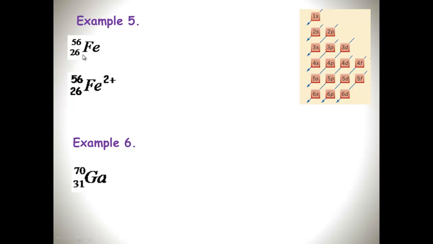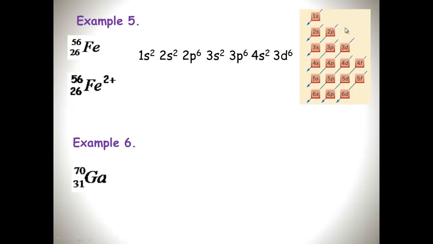Okay, example number 5. Here we have iron, and the iron having lost 2 electrons. We need to be really careful here as to where the iron has lost the 2 electrons. So let's look at normal iron, the iron atom's electron configuration. So we've just gone again through the lines as we always do.